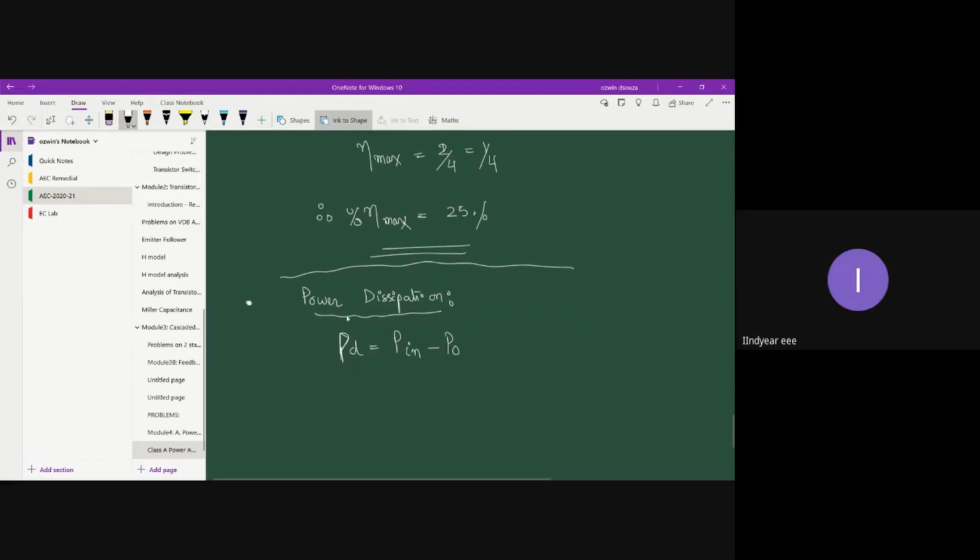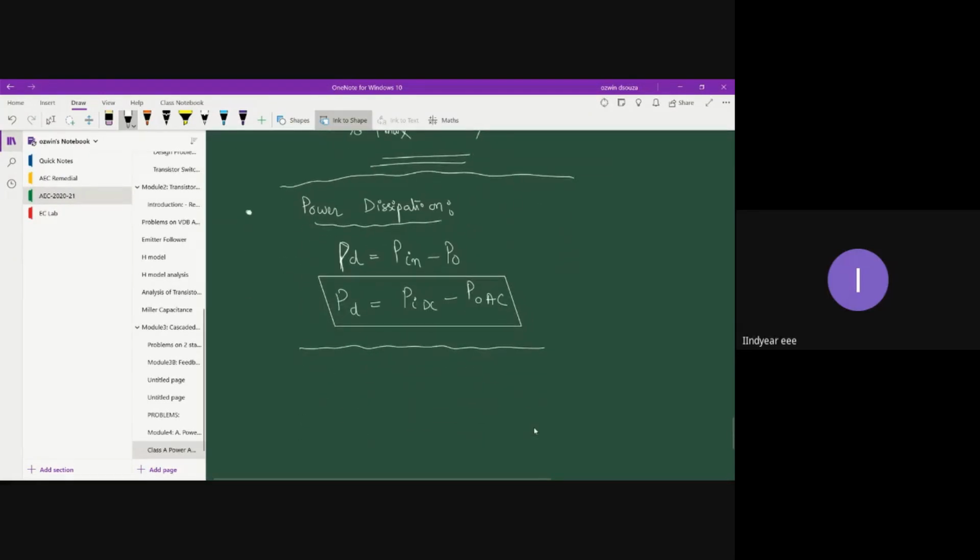With respect to our amplifier, we can say power dissipation PD is equal to PI DC minus P naught AC. So this is the expression. If you can calculate PI DC and P naught AC, you subtract the two and you will get an expression for power dissipation.